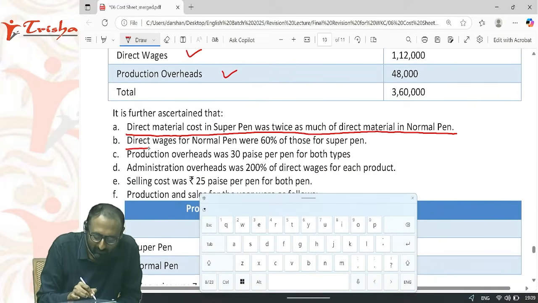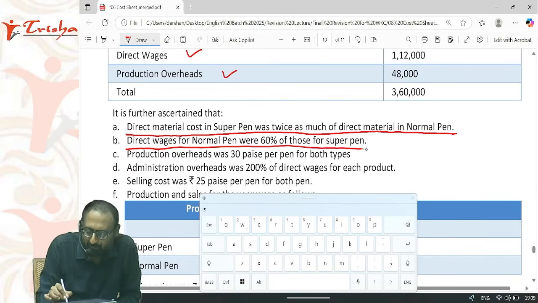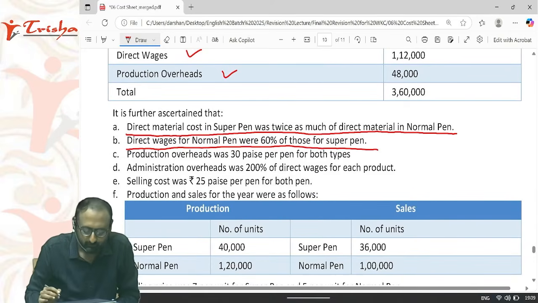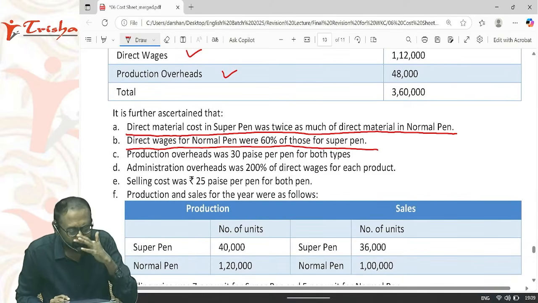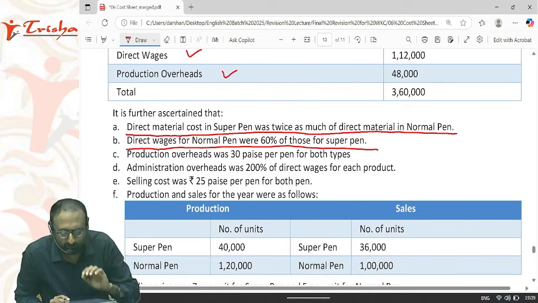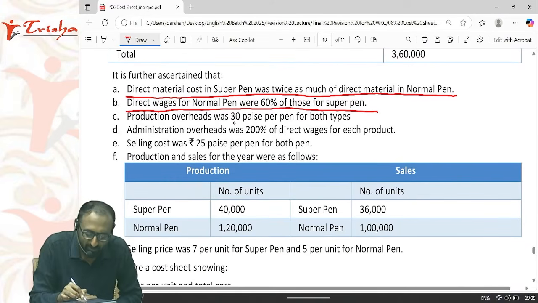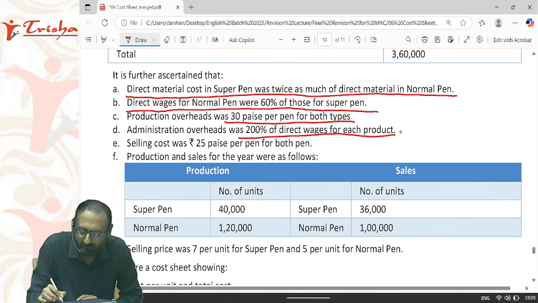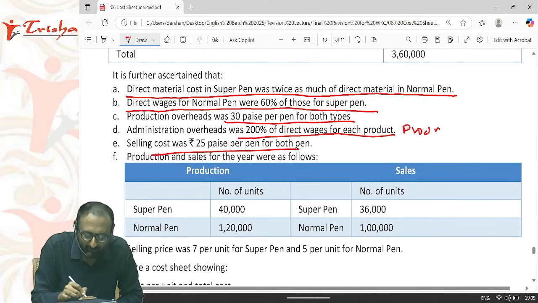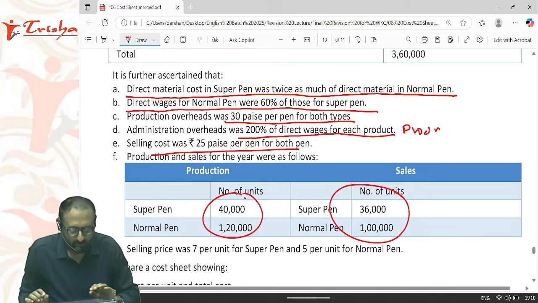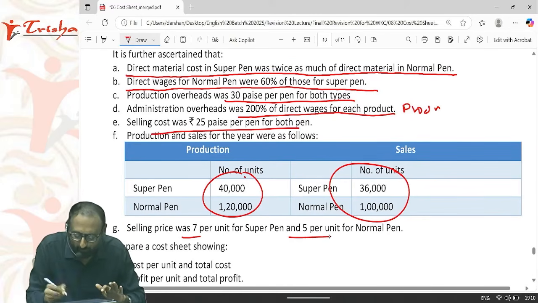Next one, direct wages cost of normal pen is 60% of those of super pen. Production overhead is 30 paise. Administration overhead 200% of the direct wages. Assume production related administration overhead. Selling cost is 25 paise. Production quantity is given, sales quantity is given. Selling price is 7 rupees, 5 rupees.